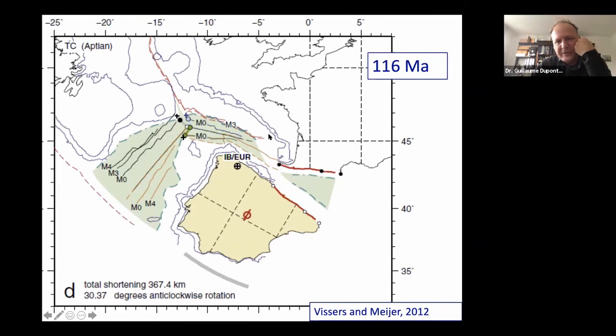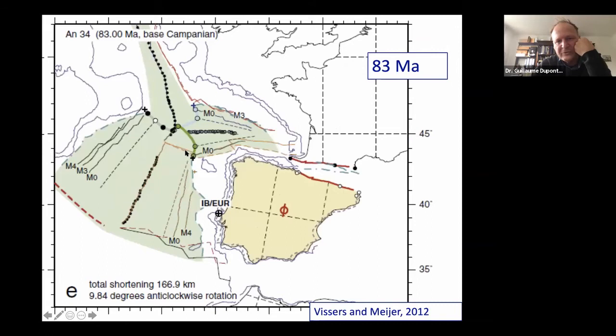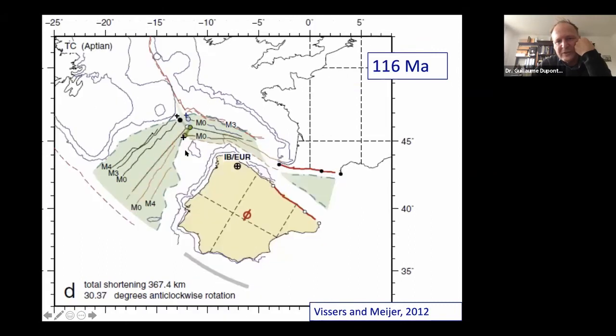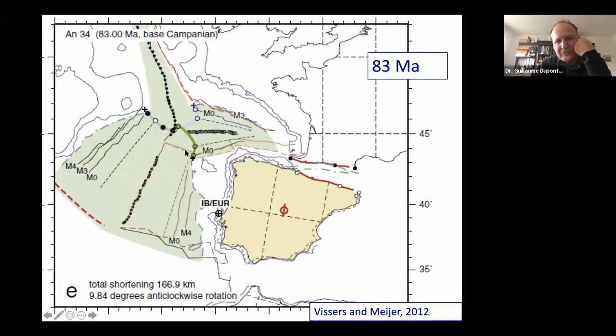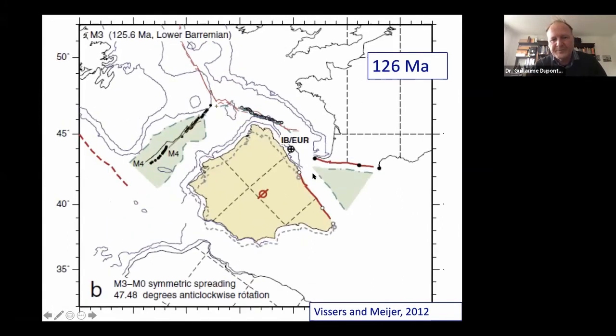And so by reconstructing the plate motion, you can also estimate how much shortening, how much compression, how much convergence has occurred between plates, and how the Pyrenees were formed, for example. So this is what we'll look at later in this lecture.